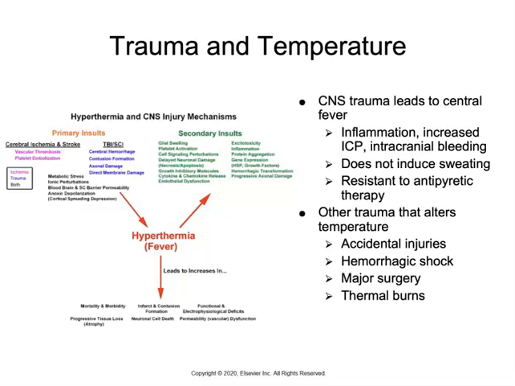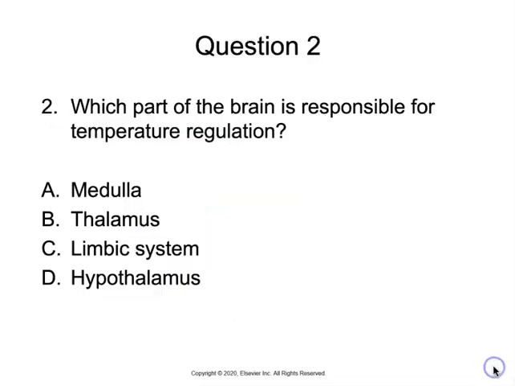And we can have thermal burns with skin loss. So our central fever and temperature changes that follow this type of trauma are going to require really careful medical management because it's complex and resistant to common treatments.